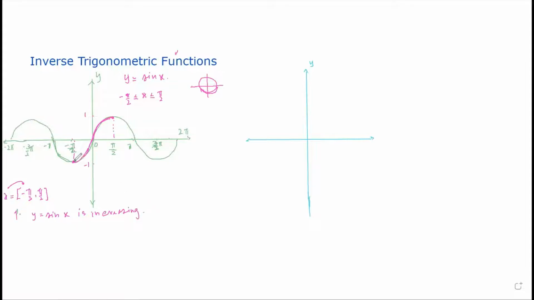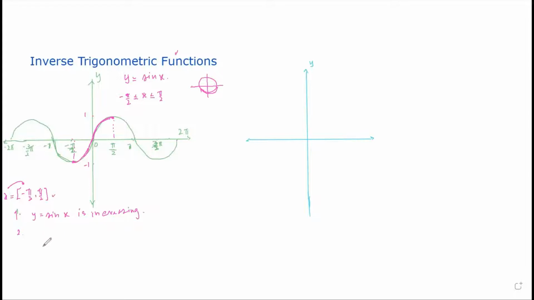You see from the left, we always determine whether a function is increasing or decreasing by starting from the left hand side, and it keeps moving from the left and increasing. So the first property of y equal to sine x in the restriction from here to there is what allows the inverse sine function to exist.